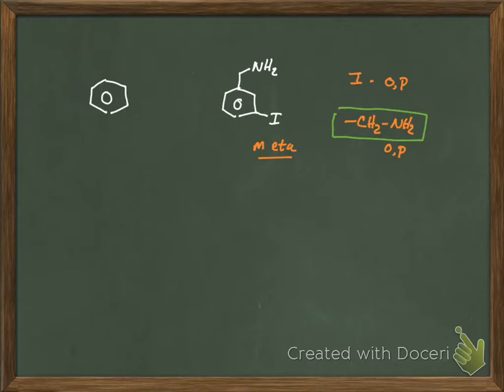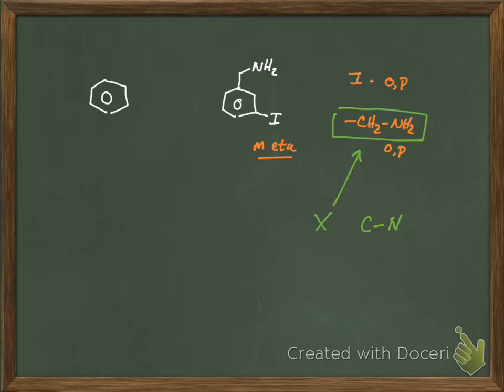How do we go from something and make a CH2NH2? Well, let's answer that question. The key feature here is the fact that you've got a carbon and a nitrogen. Do we know of any linkage that can give us a carbon-nitrogen bond in any form?